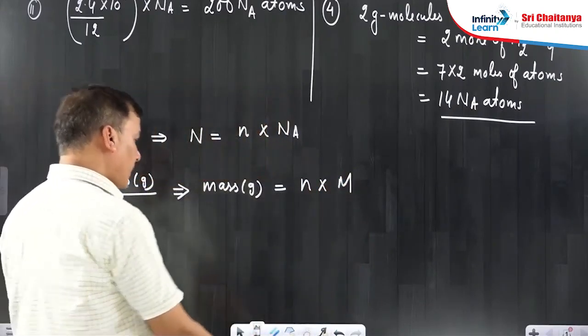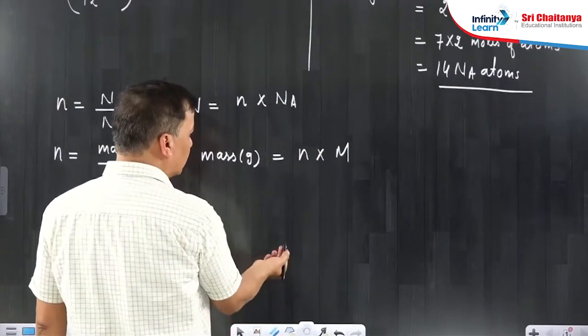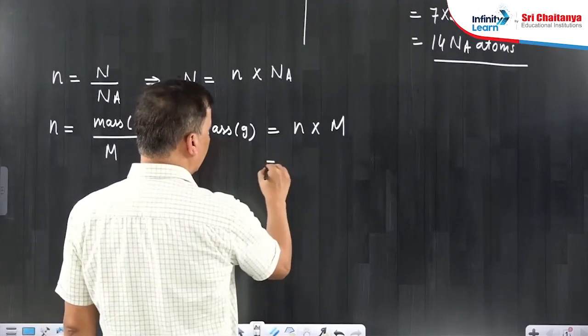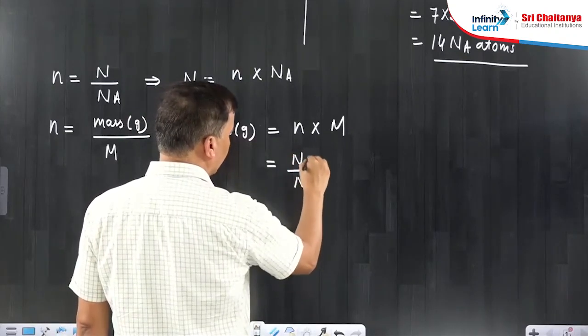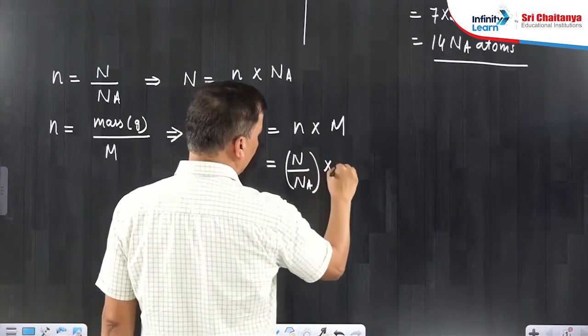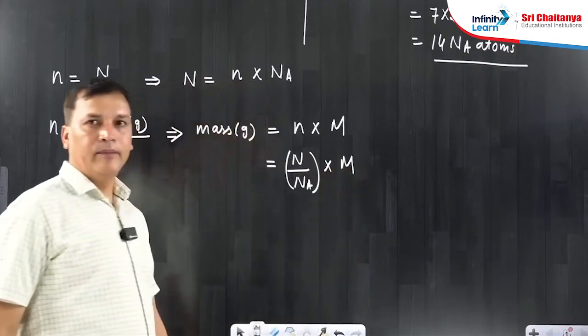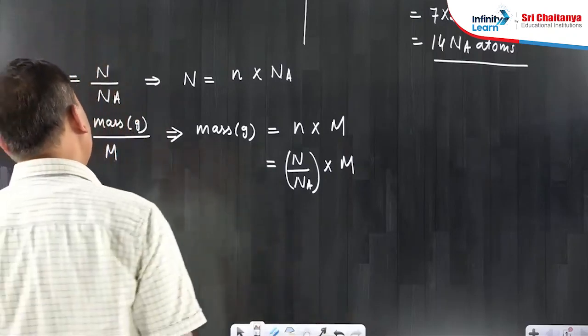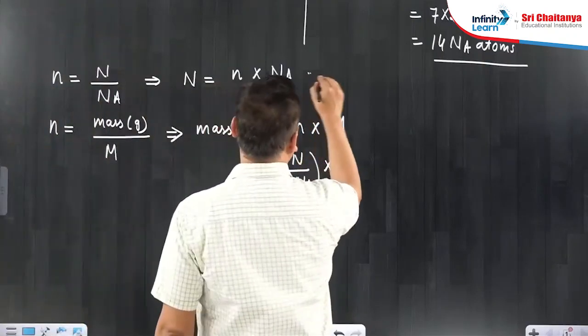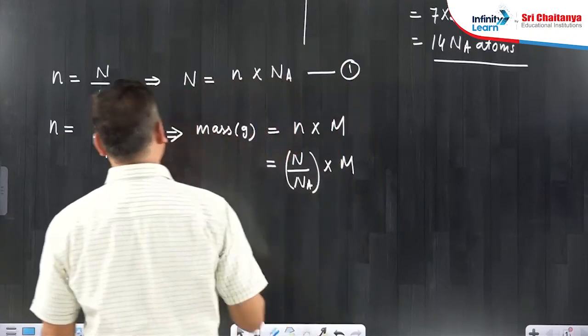Here this number of moles we can find out from given particles upon Avogadro's number, into M. These are only the two formulas that we are discussing. Number one formula and this is number two formula.